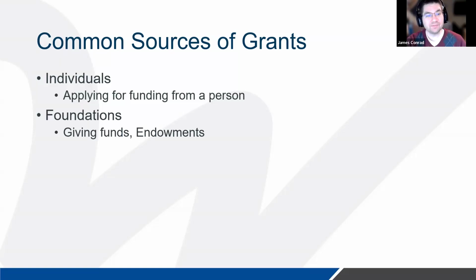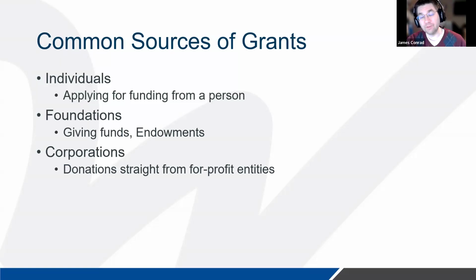We have foundations, like giving funds and endowments, specifically designed to have money and to give it out to organizations that are deemed worthy. Then we have corporations. For-profit entities will frequently have charitable arms, or they will donate from their specific coffers to lower their tax burden or to support organizations that they would like to support.